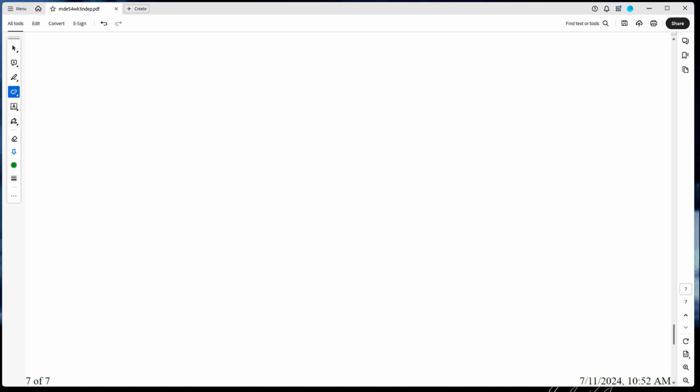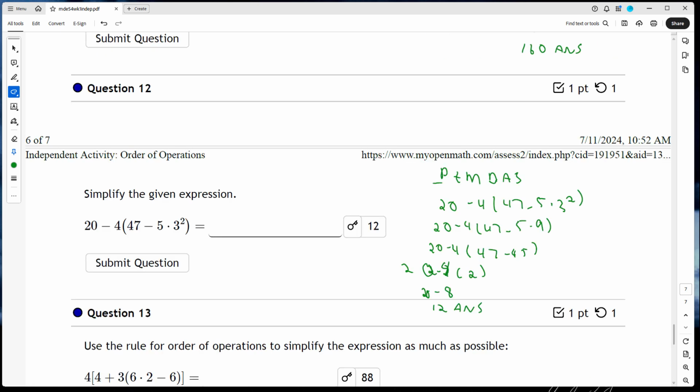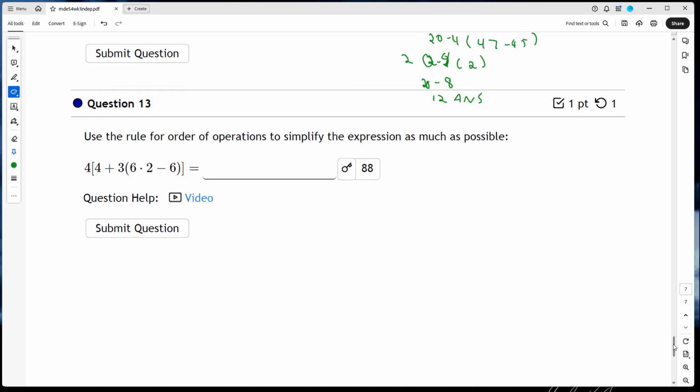Number 13. So I'll write my PEMDAS at the top. PEMDAS. Write the expression underneath it.